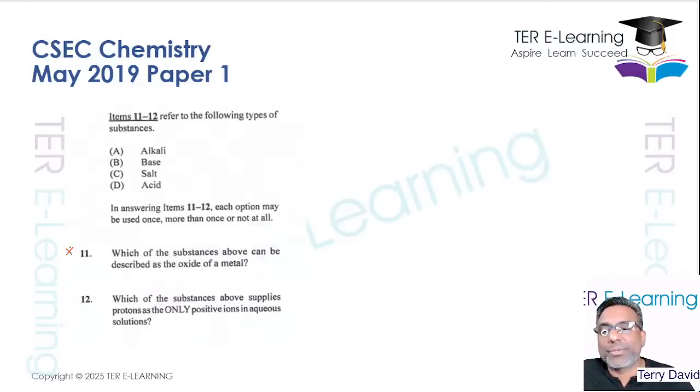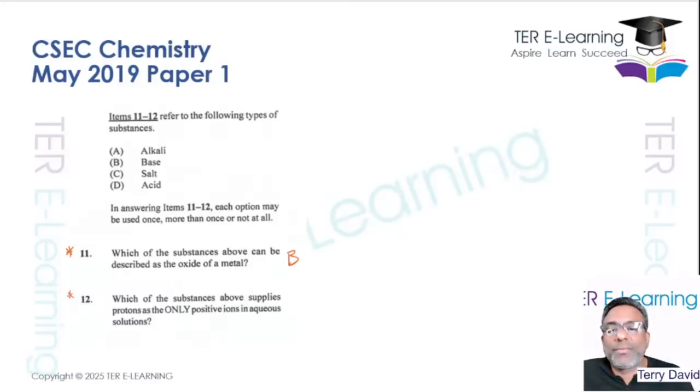So question 11: which of the following substances above can be described as the oxide of a metal? So a lot of people tell me the answer is a base. Yes, a base is what we refer to as the oxide of a metal.